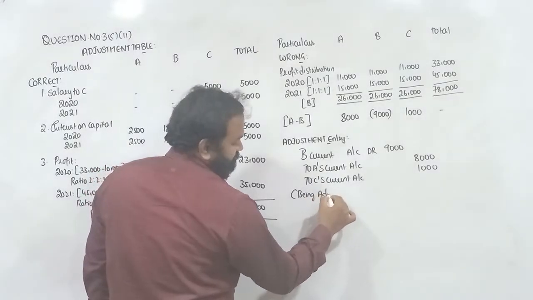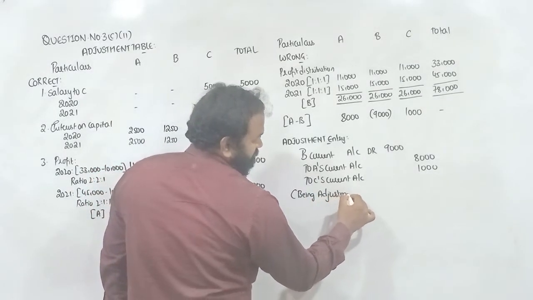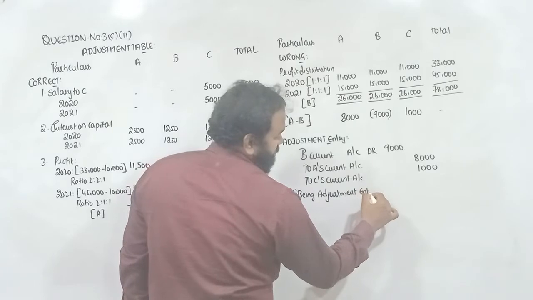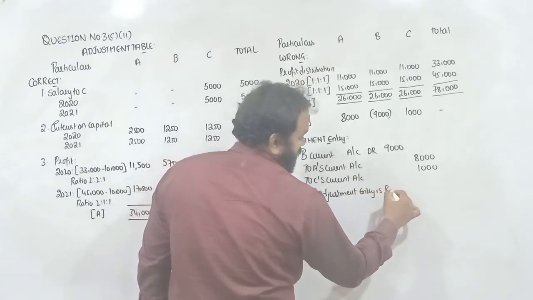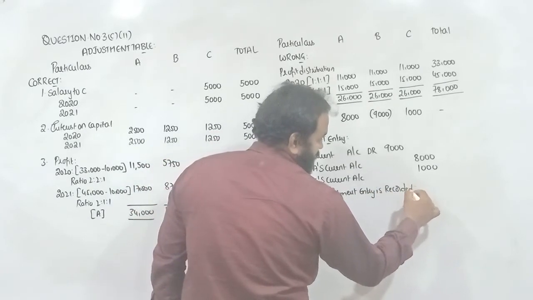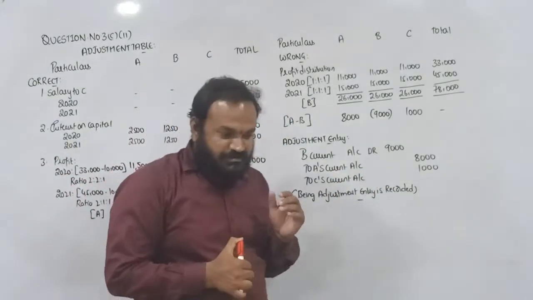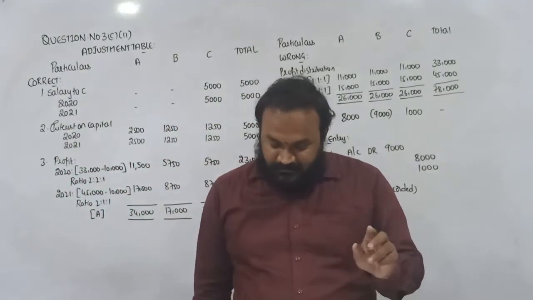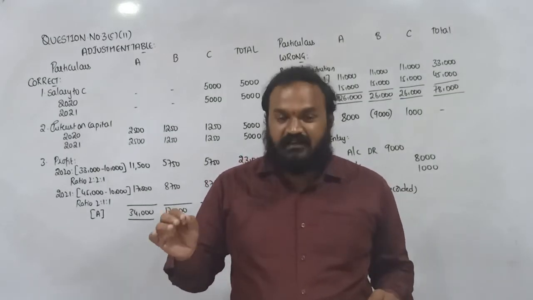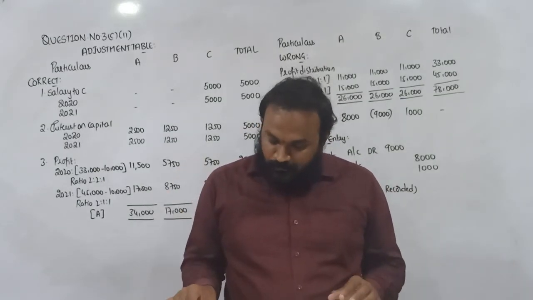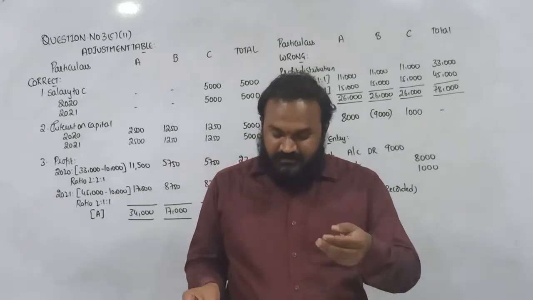The adjustment entry is recorded. So this is one of the good questions given in this question paper. This is the answer for question number 3C2. Now we'll move on to the next question, reverse working.